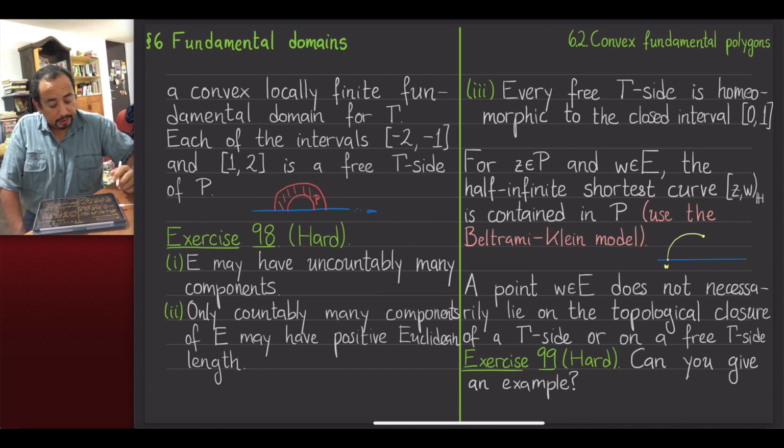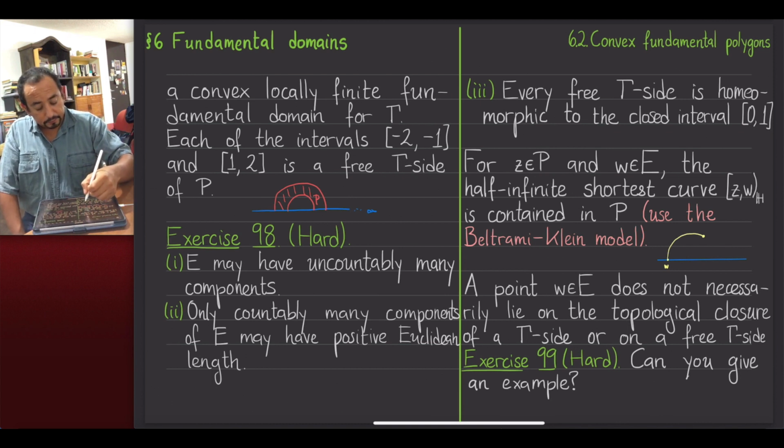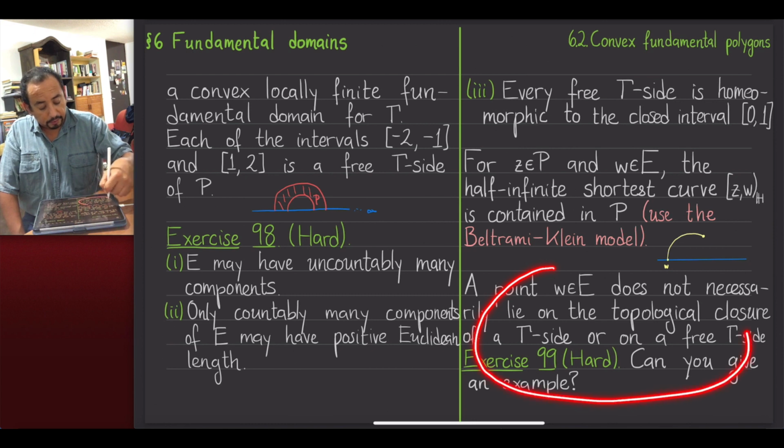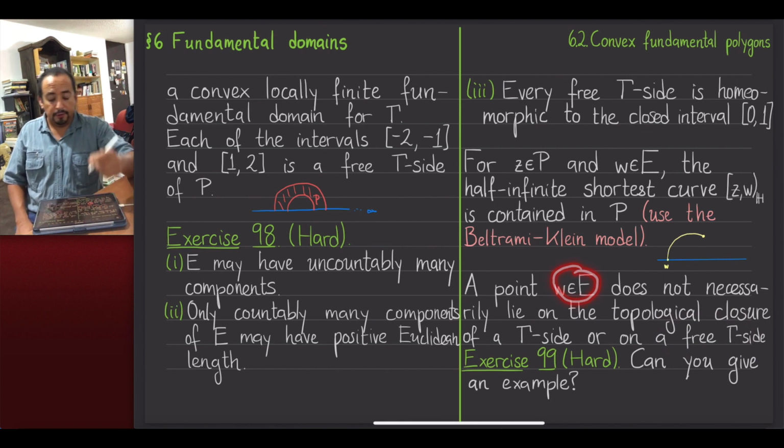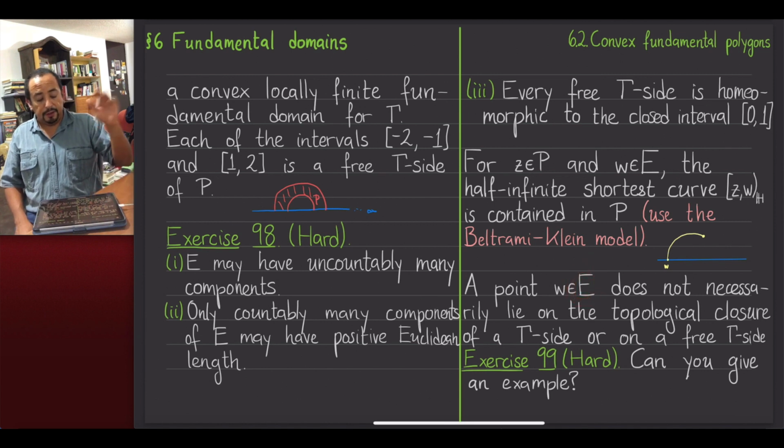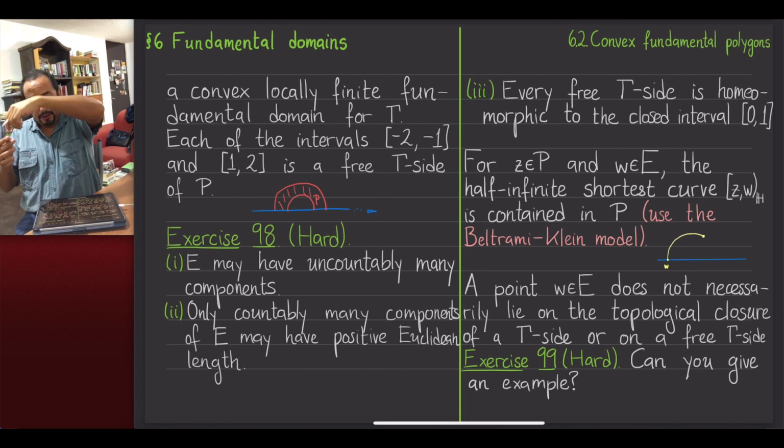Another exercise, which I would say is also hard, is that a point in E may not be in the topological closure of a gamma side, and also not on a free gamma side. So it is not necessarily true that every element of E belongs to a free gamma side, or is in the topological closure of a gamma side.